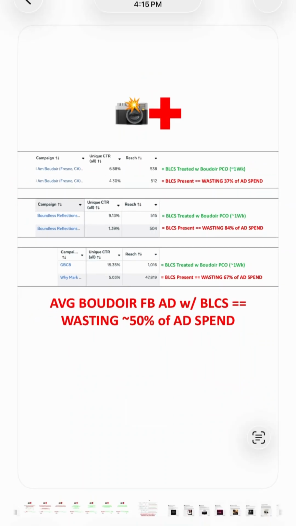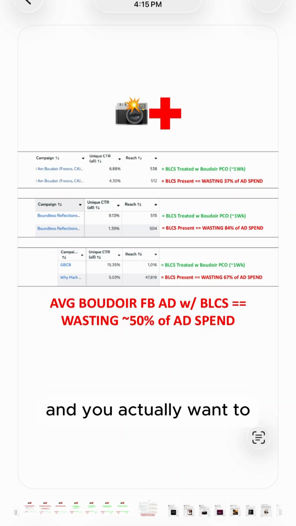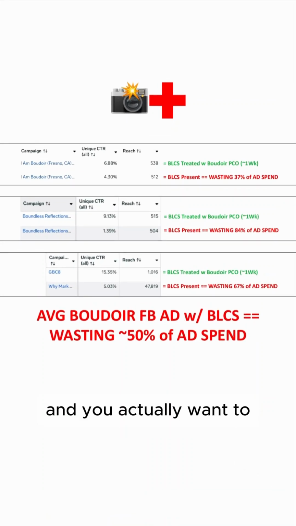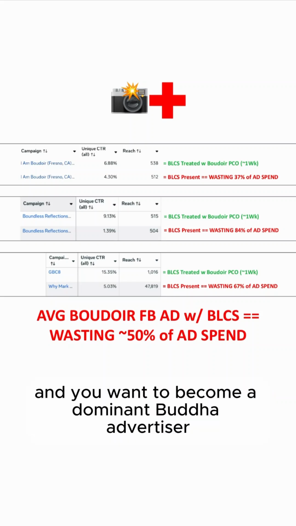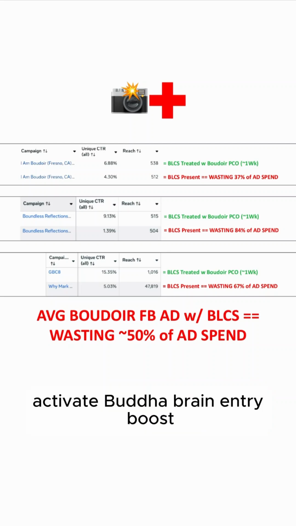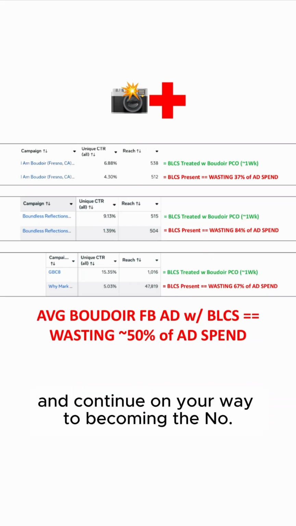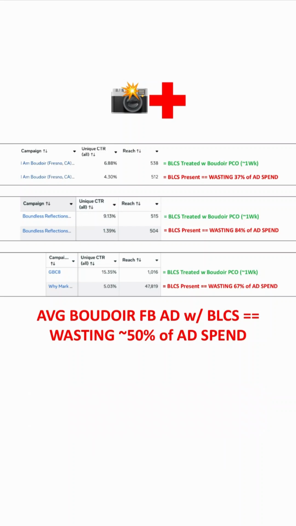And so you see the marketplace getting more and more saturated, and you see inflation hitting harder and harder, and you want to become a dominant boudoir advertiser, achieve pre-click alignment, activate Boudoir Brain Entry Boost, and continue on your way to becoming the #1 boudoir photographer in your city.